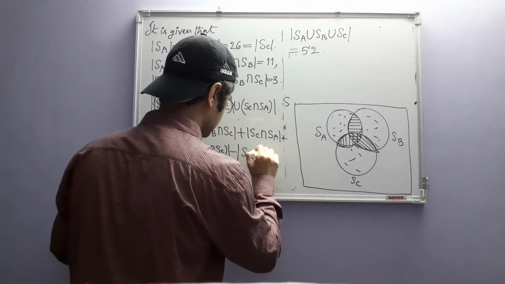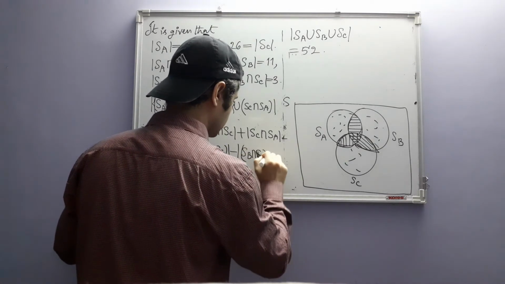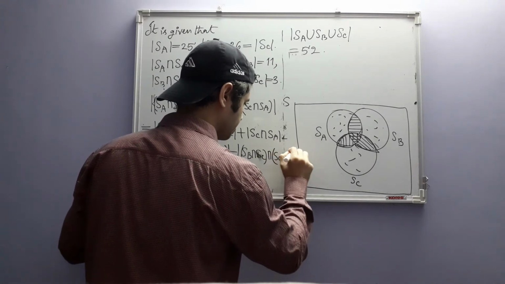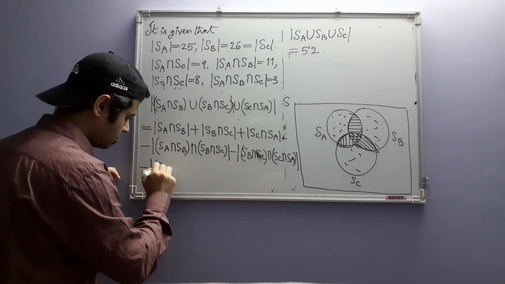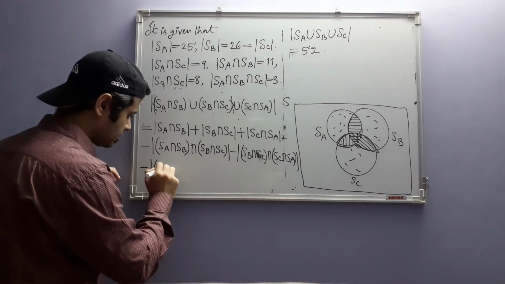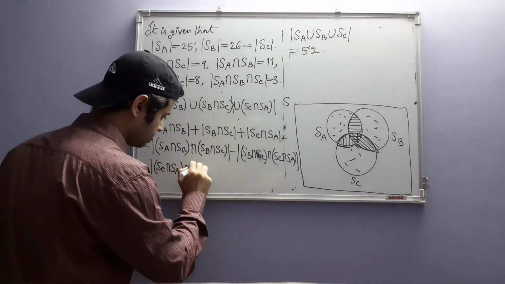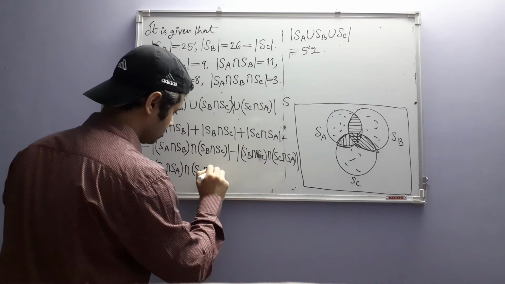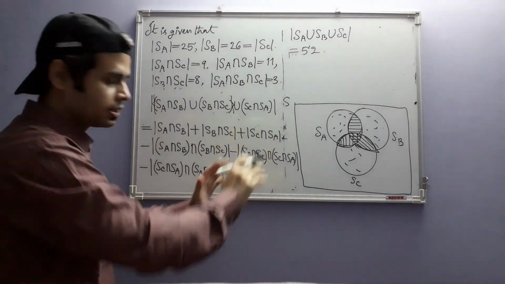Then SB intersection SC intersection SC intersection SA, minus SC intersection SA intersection SA intersection SB, plus the intersection of these three sets.